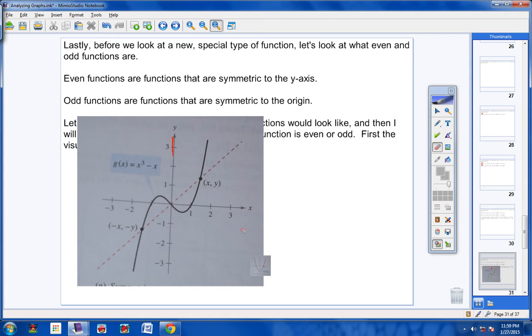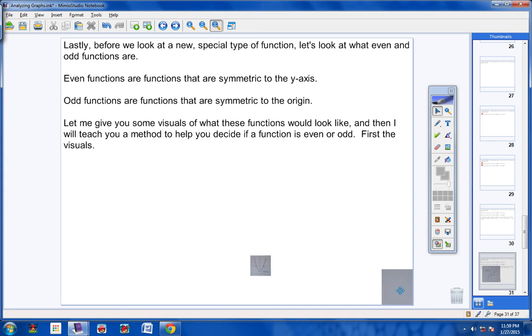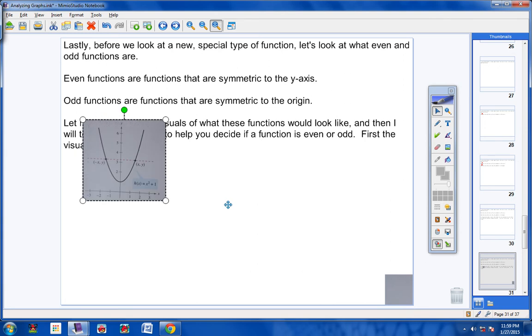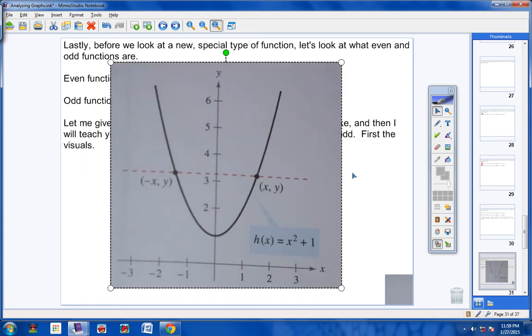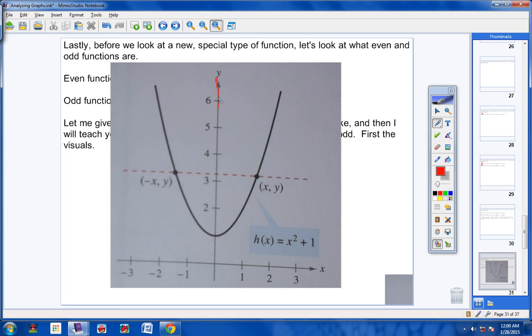Let me give you a picture of y-axis symmetry, or symmetry with respect to the y-axis. It's really simple. It just means that if you were to fold a piece of paper right on the y-axis, then the two sides of the graph would fall on top of each other. But another way to recognize it is the ordered pairs. Whatever ordered pair exists, you can change the sign of the x, and that ordered pair will exist also.